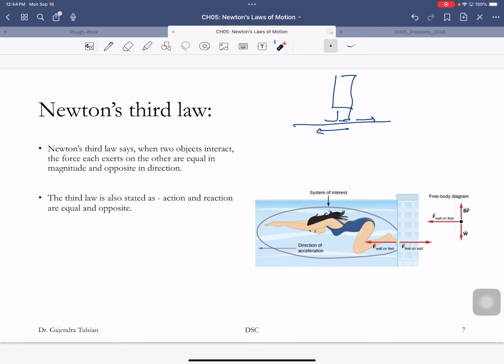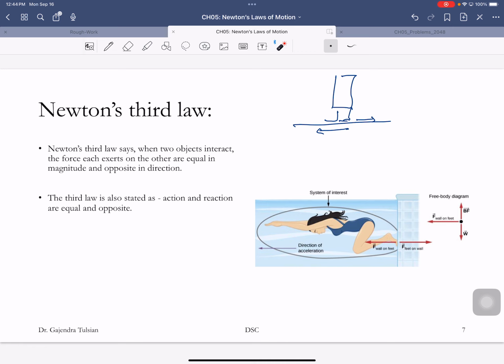Again, Newton's third law states, for every action, there's an equal and opposite reaction. By the way, action and reaction are on two different objects.